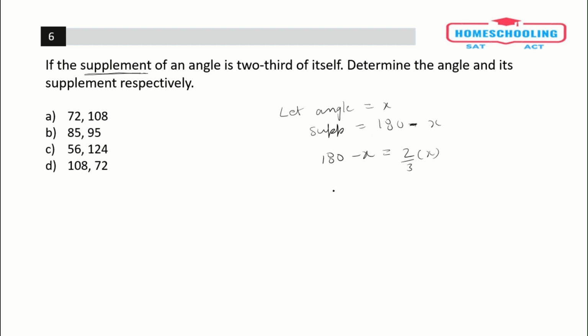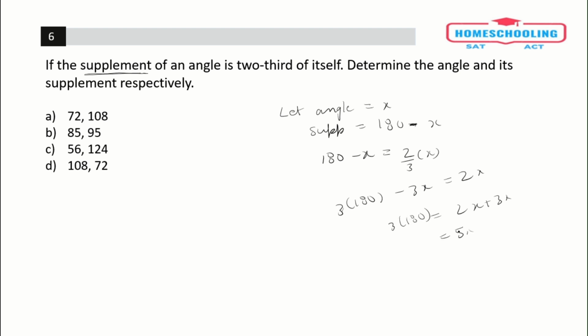So now we're going to solve it. We'll take 3 on that side, so 3 into 180 minus 3x is equal to 2x. So we'll take that side, so 2x plus 3x, and 3 into 180.